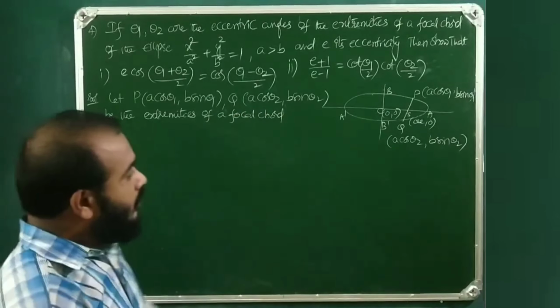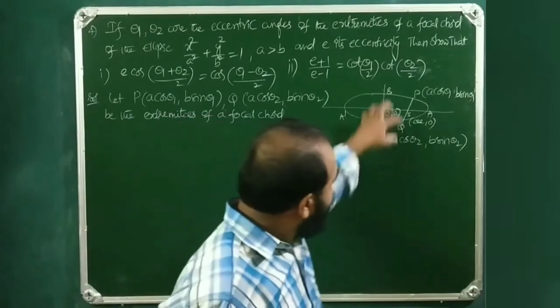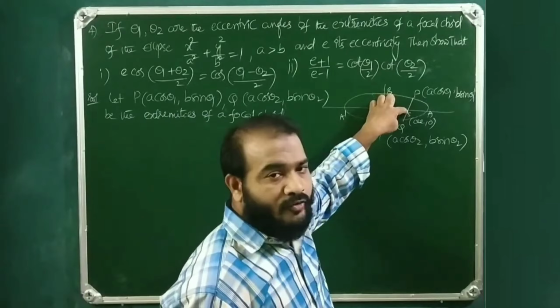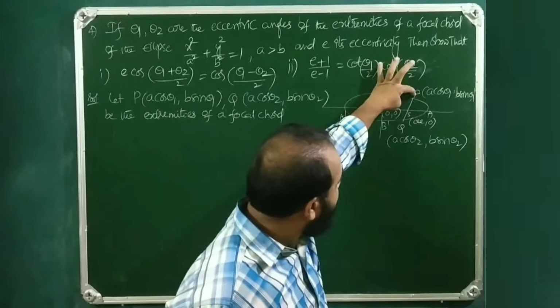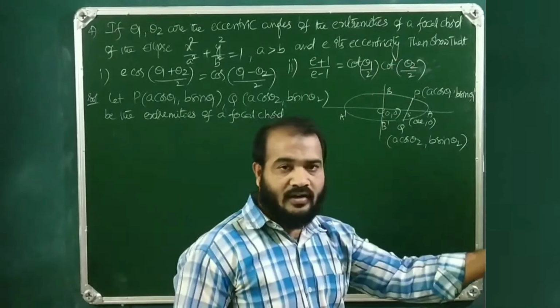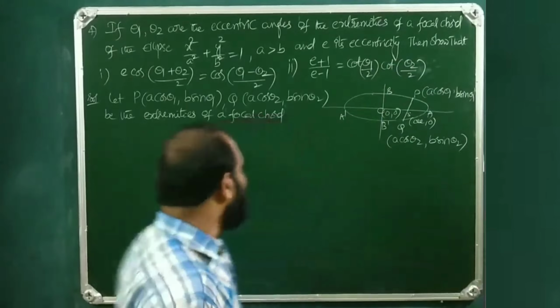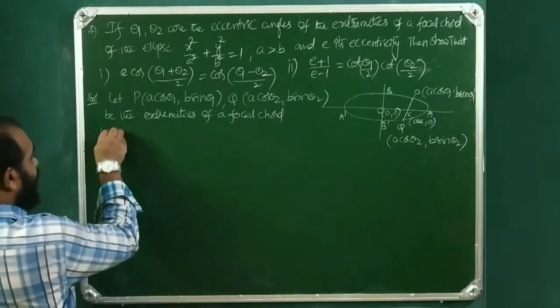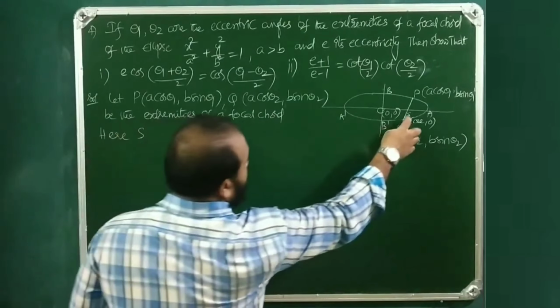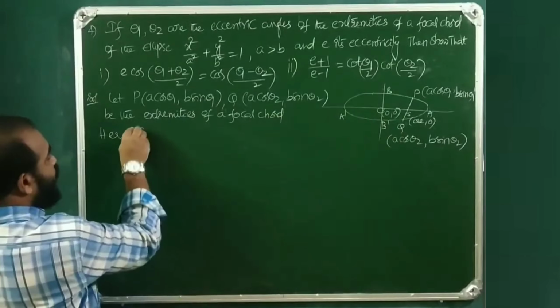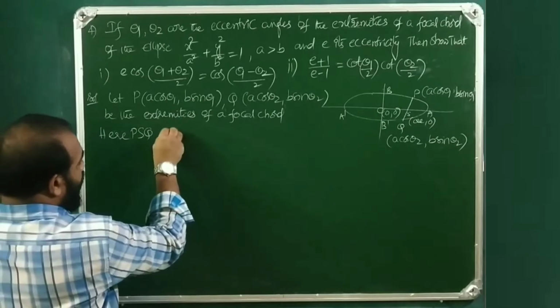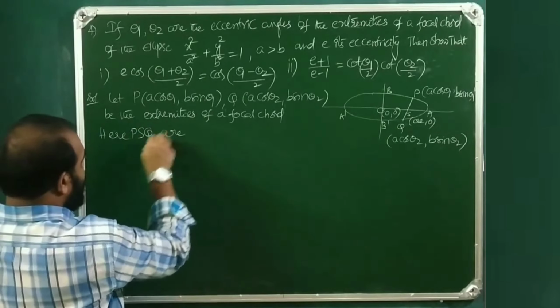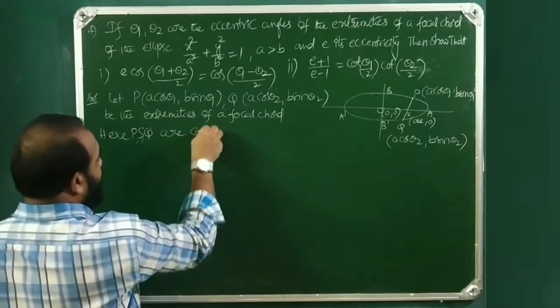What is the focal chord? The chord which is passing through the focus. Therefore, obviously P, S, Q are collinear points, lying on the same line.